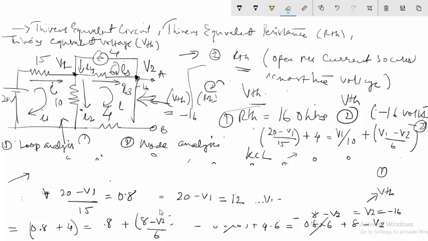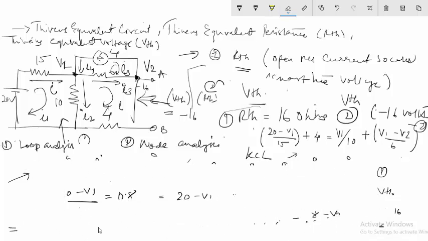So just to erase this and write the equivalent circuit.